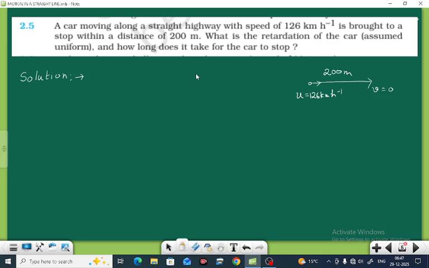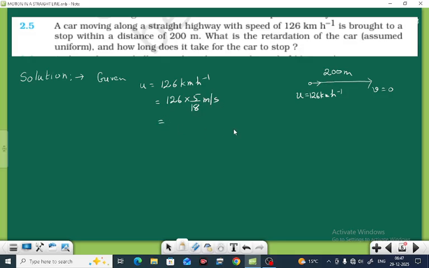How to find? First write what is given. Given is u is equal to 126 km per hour. You have to change it into meter per second. Therefore 126 into 5 by 18 meter per second.